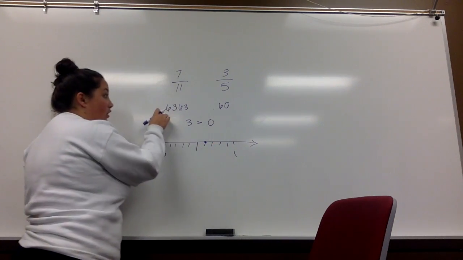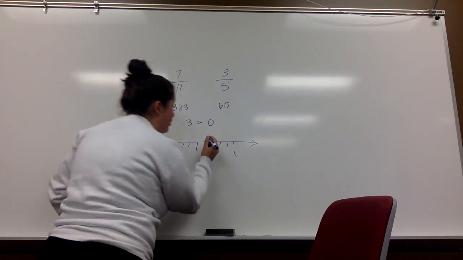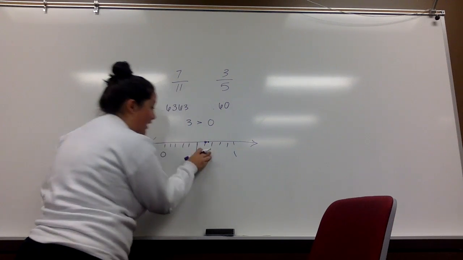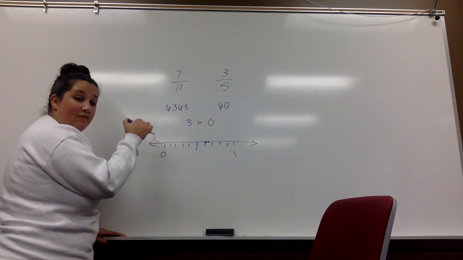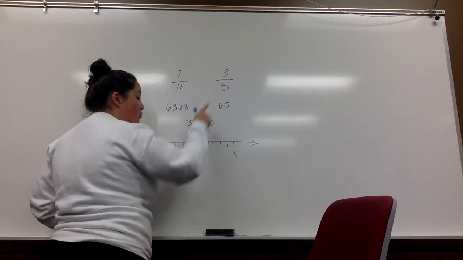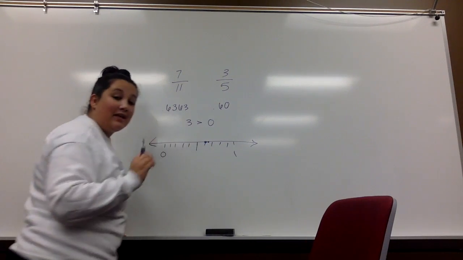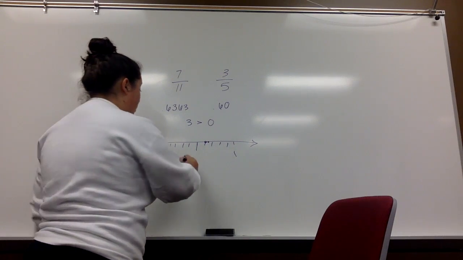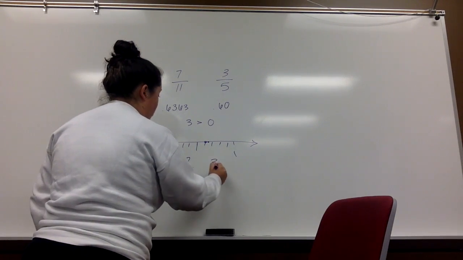And then if we go over a little bit more, 3/100ths, we will see that this fraction, 7 over 11, is farther to the right than 3 over 5. If that's the case, we know that 7 over 11 is greater than 3 over 5.